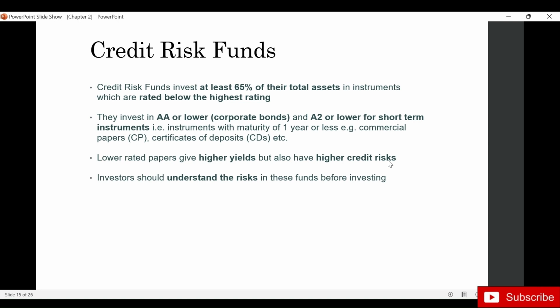The lower rated corporate bonds give higher interest rates and higher yields, but they also have higher credit risk. So investors, before investing in credit risk funds, should understand the risk associated with these funds.